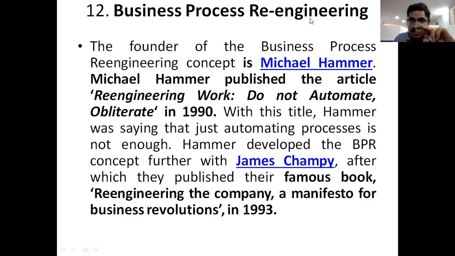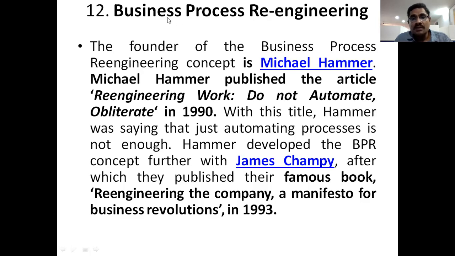Reengineering means just replan, redesign, relocate, right? Again we plan, again we design. That is called redesign, reengineering. So reengineering of all our business processes. Business processes means, as I already told you, the 4 departments and their activities: finance, HR, marketing, production. These are the 4 departments and their internal activities. Internal activities are called business processes.